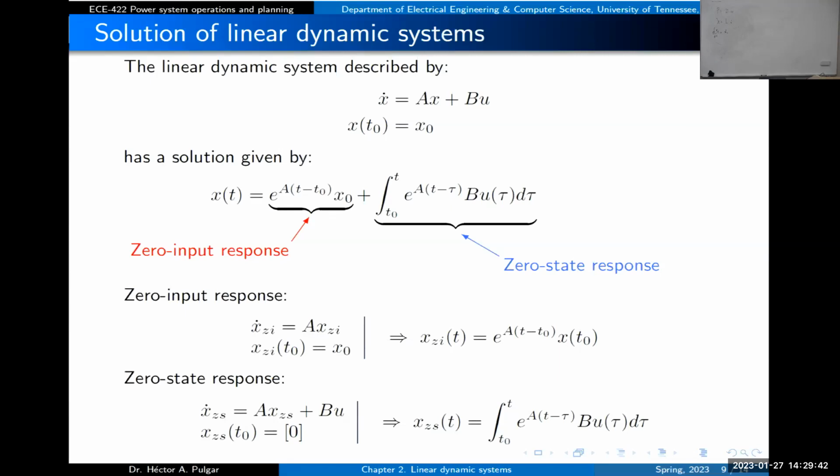That's the name. So basically, this part of the solution will tell you how the variables will move if we start from the initial condition and we let the system go. For example, in the RLC circuit, we have a resistor, an inductor, and a capacitor.